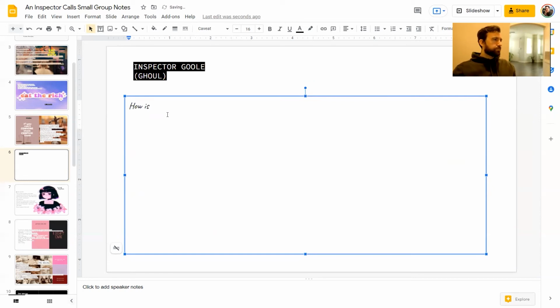How is Inspector Goole presented? Why is he a significant character? So the way that we want to talk about the inspector, as I said, is through the ideas and the themes which he represents, and perhaps the relationships and conflicts between those relationships with other characters, because he basically butts heads with everyone else.